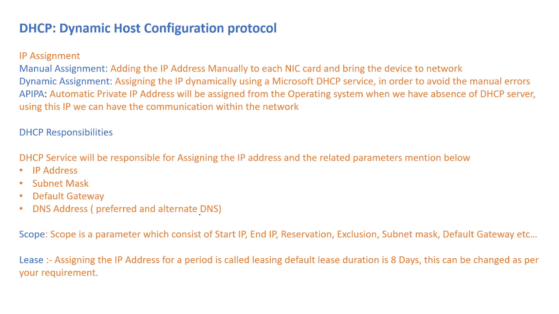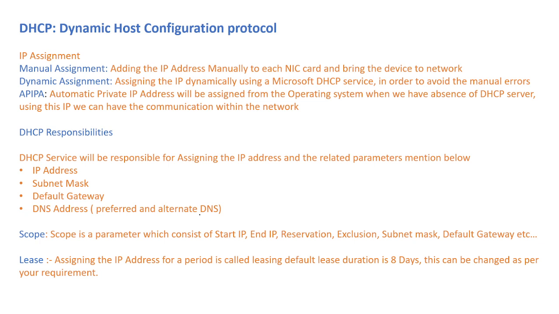You open the network interface card, go to properties, go to IP version 4 or IP version 6, and key in the IP address, subnet mask, gateway and the DNS address. That means you manually add the IP address to the network interface card. Any address that is added manually will be there for the lifetime of the computer until somebody makes changes. So manual assignments are the permanent IP assignments.